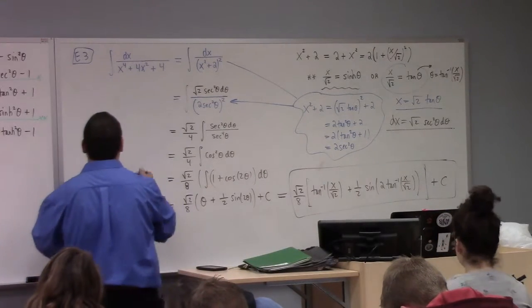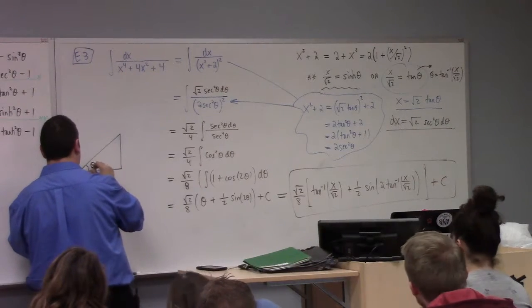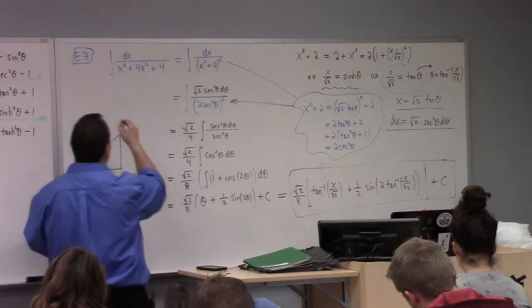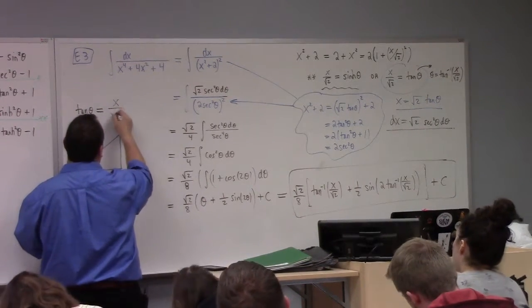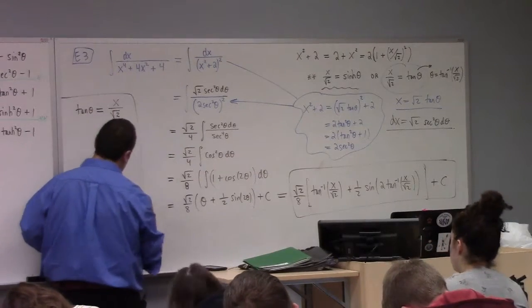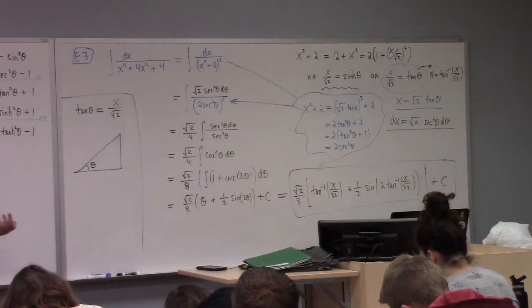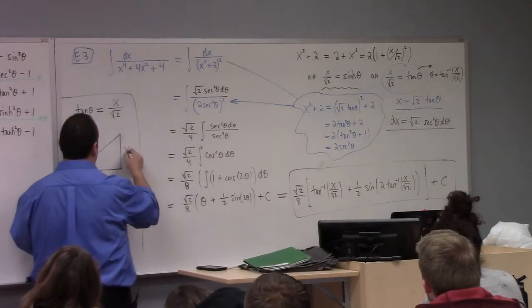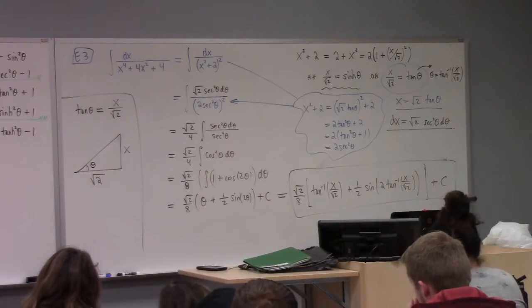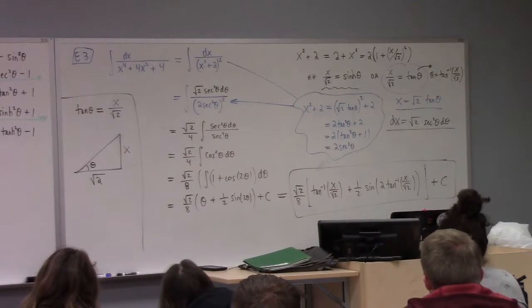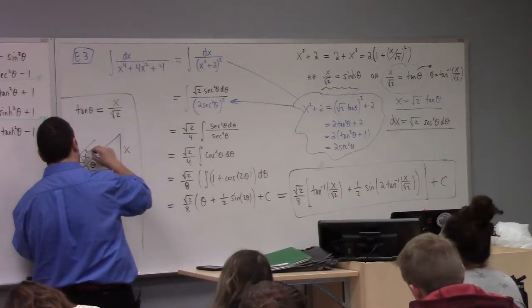What's the triangle for this substitution? What was my substitution? Tangent theta is x over the square root of 2, right? So that's the opposite and the adjacent. One triangle, which codifies the substitution, if you will, is this. And what's the hypotenuse? It's the square root of x squared plus 2, right?